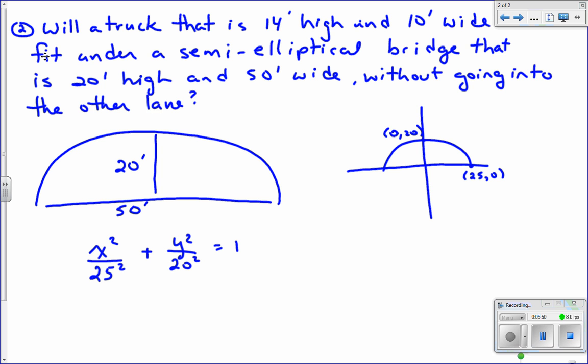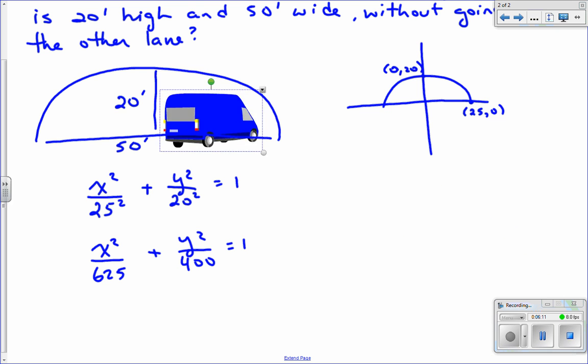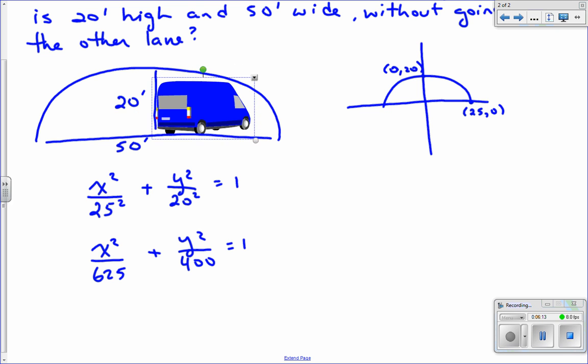Or we could write that, we can just multiply those two values out, and we'll have x squared over 625 plus y squared over 400 equals 1. Now to see if that truck is going to hit the edges as it goes under that bridge, if you think about that truck going under the bridge, it's 14 feet high and 10 feet wide.